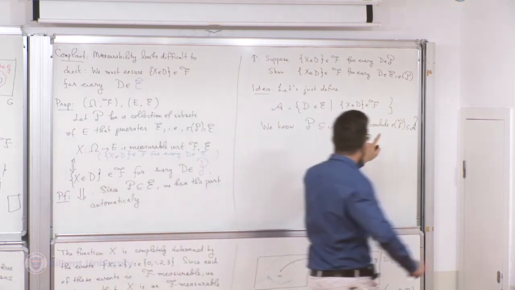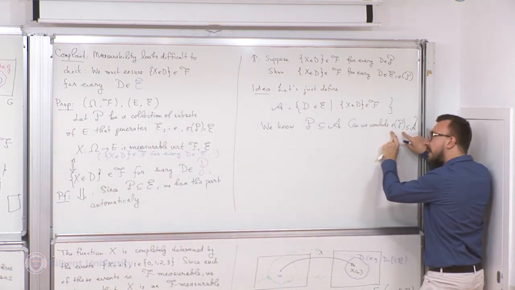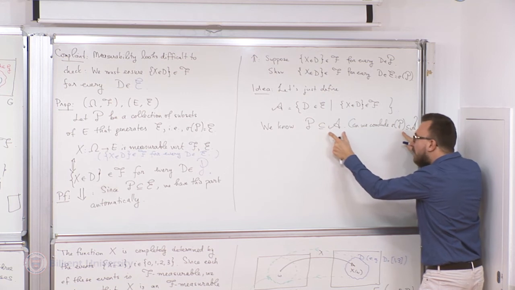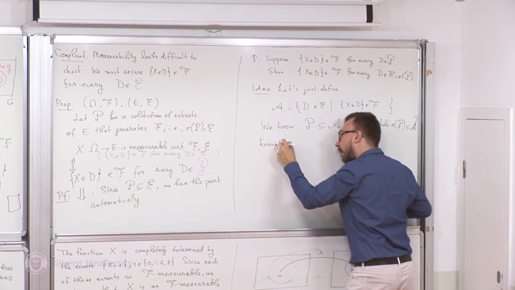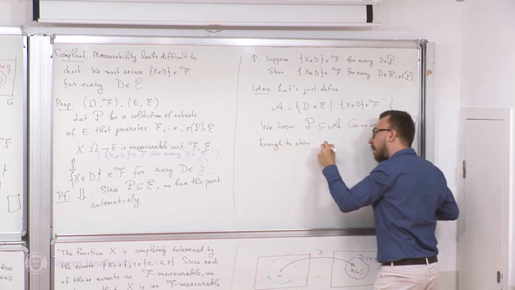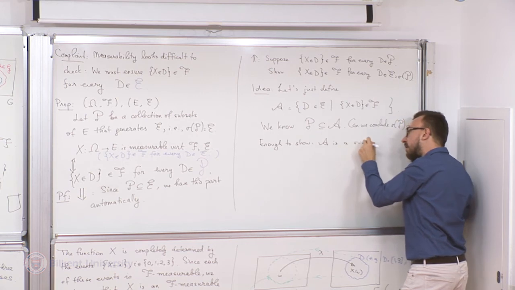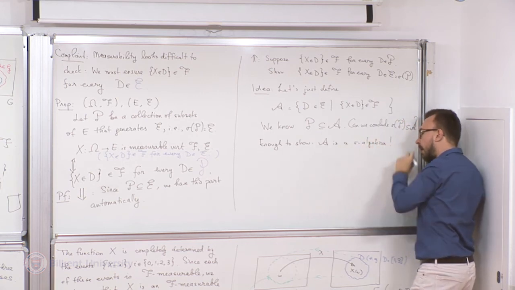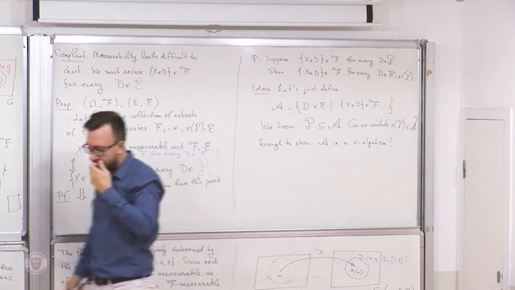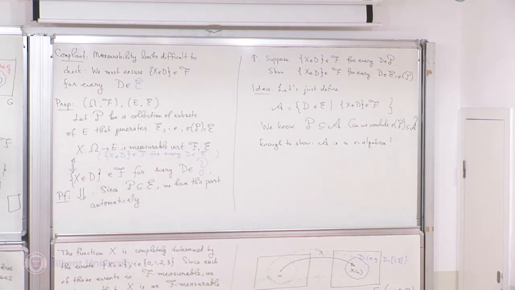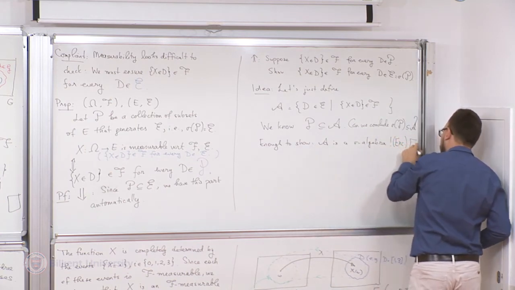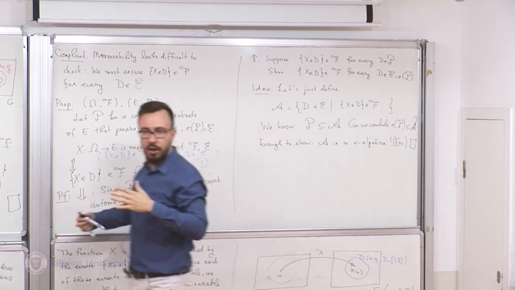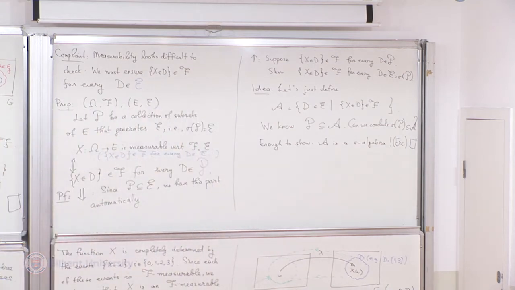This would be enough, because sigma P is the smallest sigma algebra containing P, and A is a sigma algebra containing P. So it's enough to show A is a sigma algebra. And of course, I will leave it as an exercise, because you know what to do, right? Just go to the definition of sigma algebra and check every property one by one.